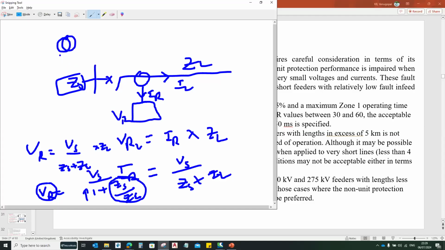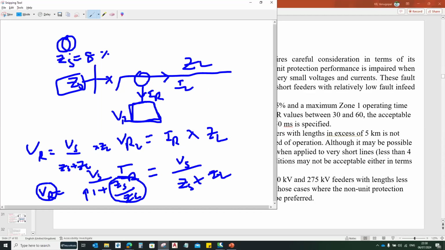If you are having a 400 by 130 kV transformer, 8% of the impedance will add. As Zs is more and Zl is less, this value will be more, the voltage across the relay will be less, and the relay will be less sensitive to detect the faults in the transmission line because of this additional impedance.